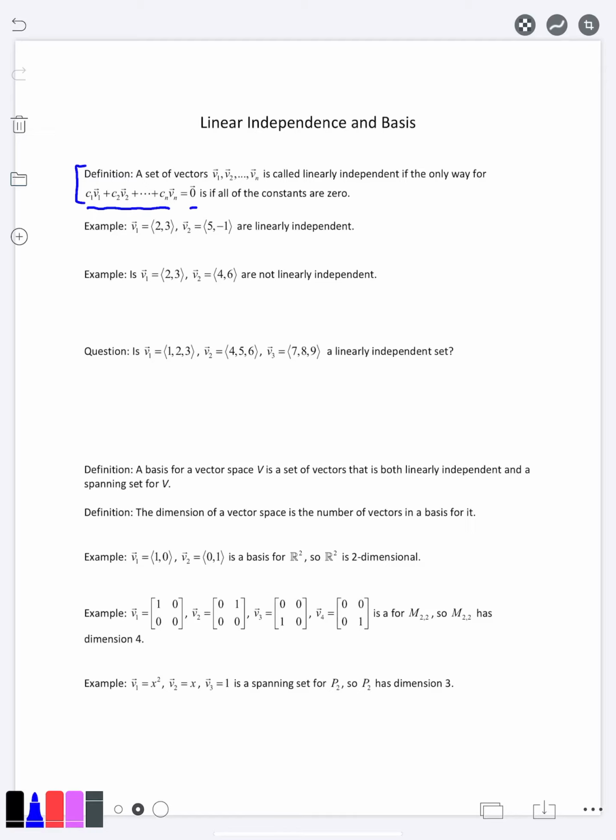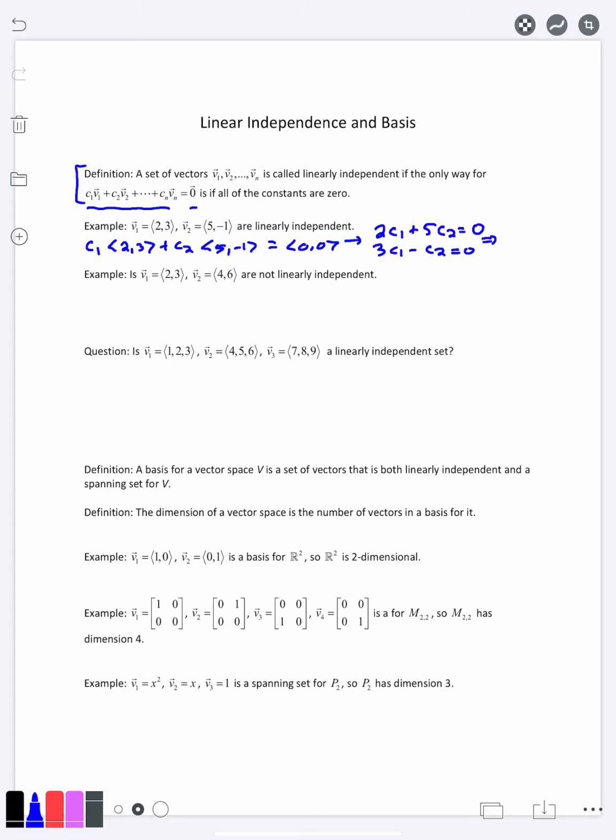Now, for this first example, we have these two vectors here, and I'm claiming that they're linearly independent. The way I know that is if I do C1 times the first one plus C2 times the second one, and I set my answer to 0, 0, and I want to see how this could happen, I would write out a system of equations. 2C1 plus 5C2 is 0, and 3C1 minus C2 is 0.